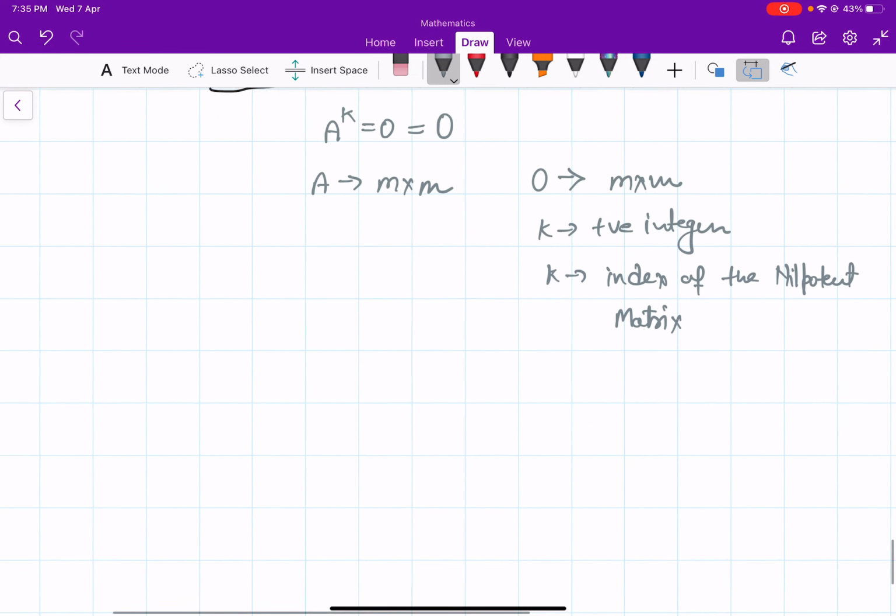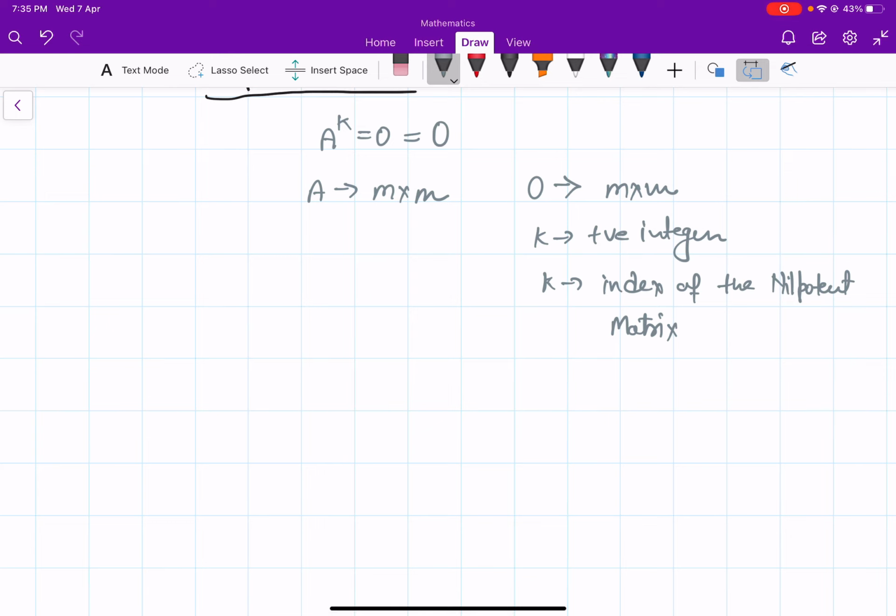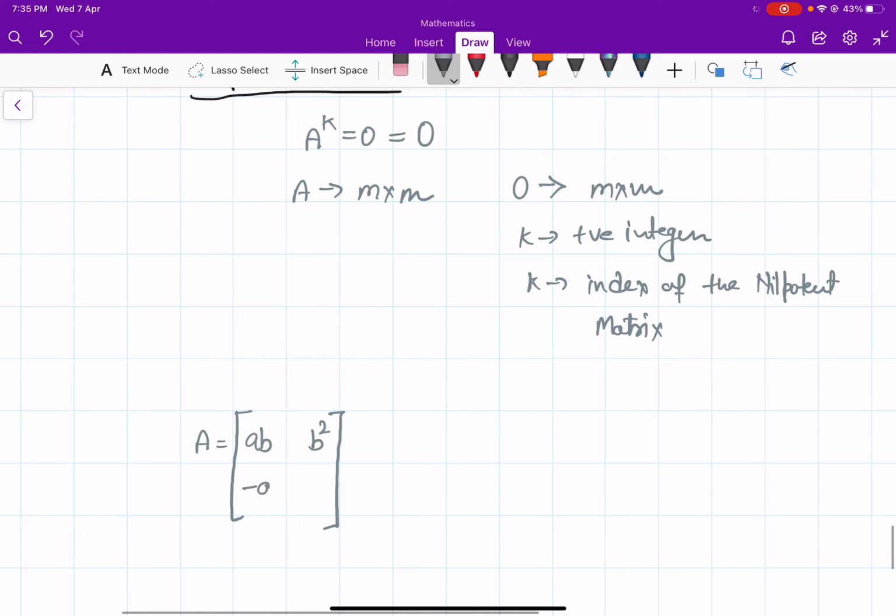Now if we see the example, that is A is equals to AB, B square, minus A square and minus AB.